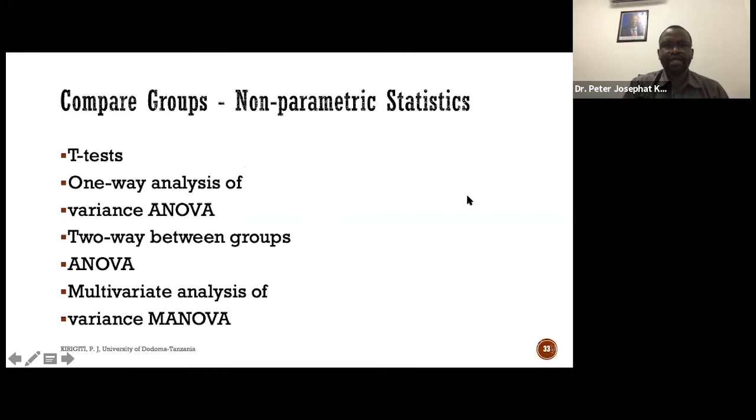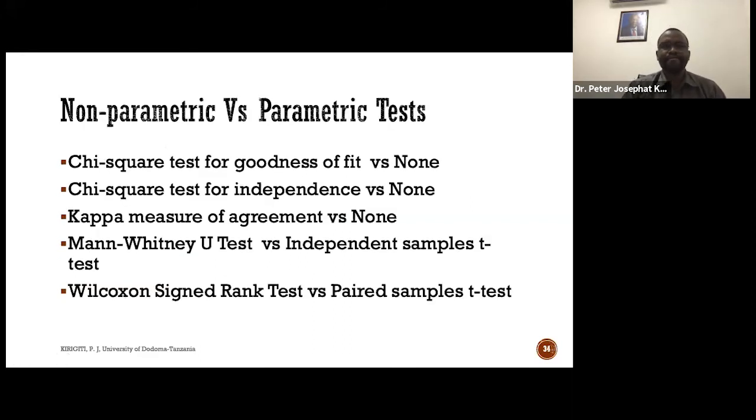Comparison of the non-parametric tests. These are the non-parametric tests which can be used to compare groups. That means you'll be having one or two populations. Then this is just a summary of the non-parametric tests against the parametric tests.